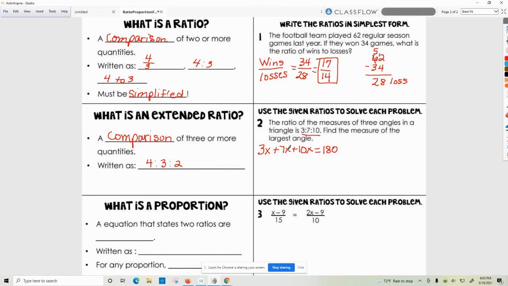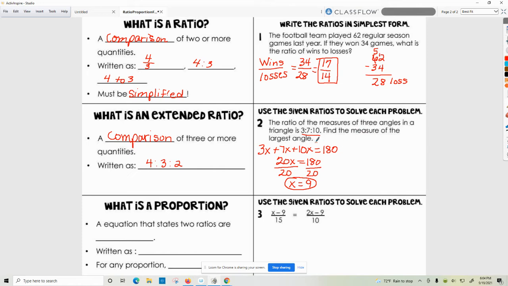So I'm going to get 3 plus 7, which is 10. 10 plus 10 is 20x, equaling to that 180. And then we're going to divide by 20. So the x value that's going to make this happen is going to be 9.